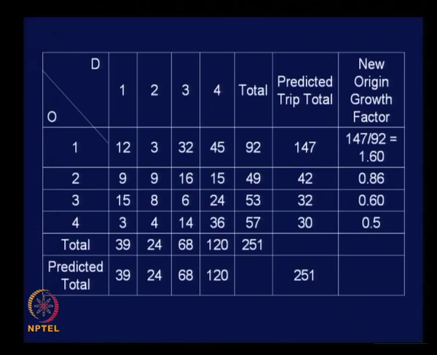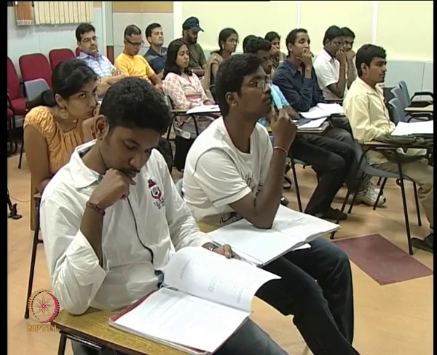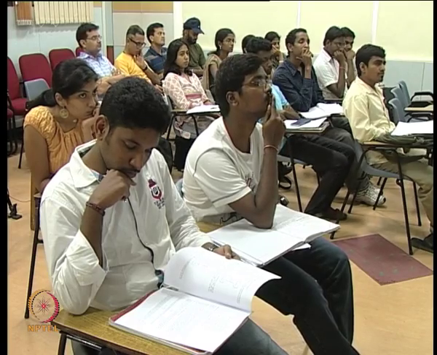What is the growth factor for the destination values? It is already 1, right, and continue the exercise. Now, by scaling the rows with the corresponding growth factors, right.